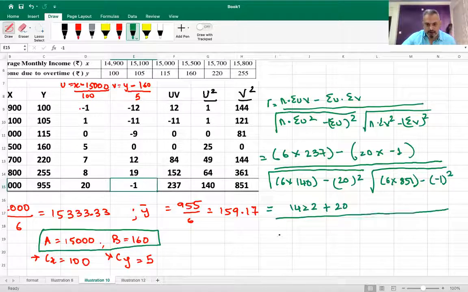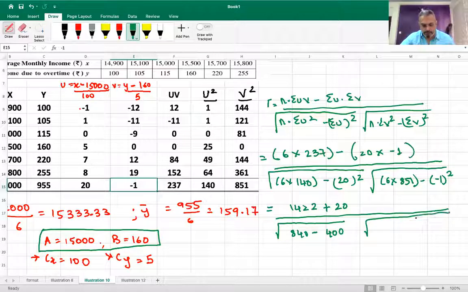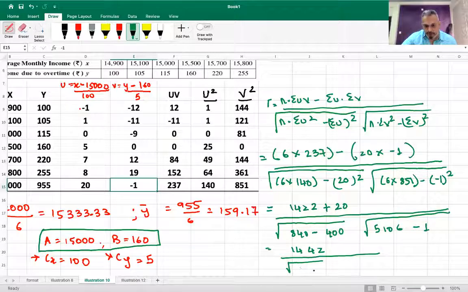So plus 20 upon under root 6 into 140 is 840, minus 20 square is 400, upon under root 6 into 851 is 5106, minus 1, which is equal to 1442 upon under root of 440 upon under root of 5105, which is equal to 0.96.